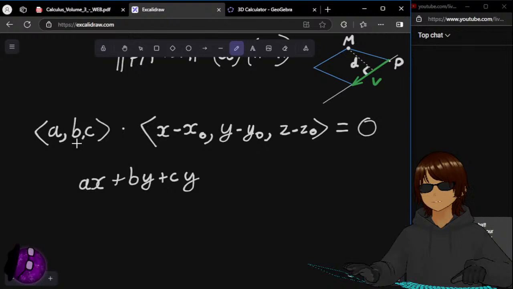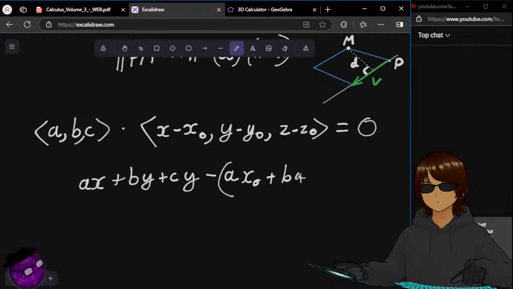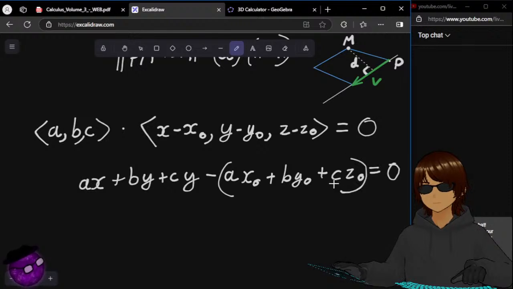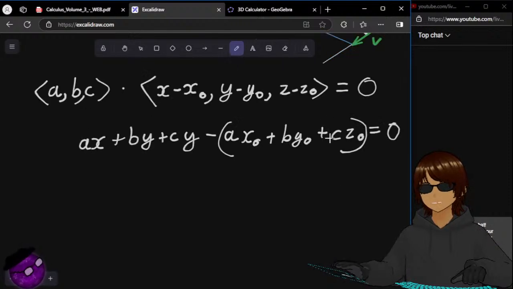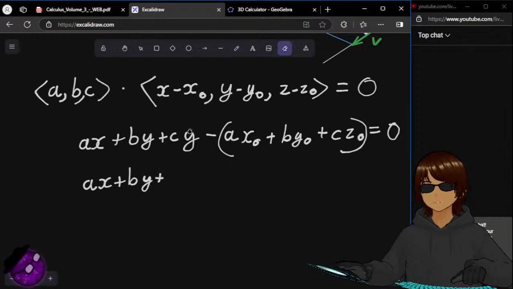When you're doing a dot product, you just multiply them element-wise, but I'm just putting all the minus on one side. And we can write this as ax plus by plus cz plus d.